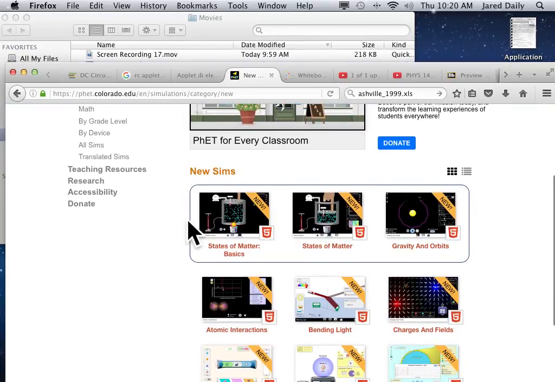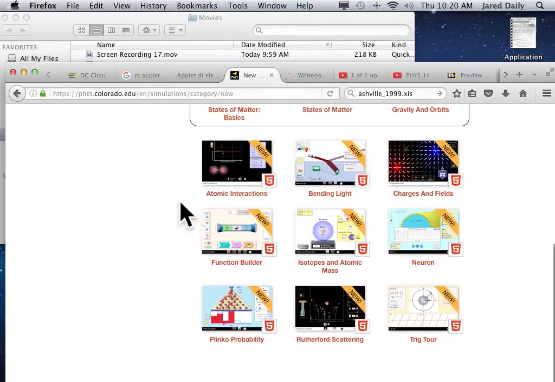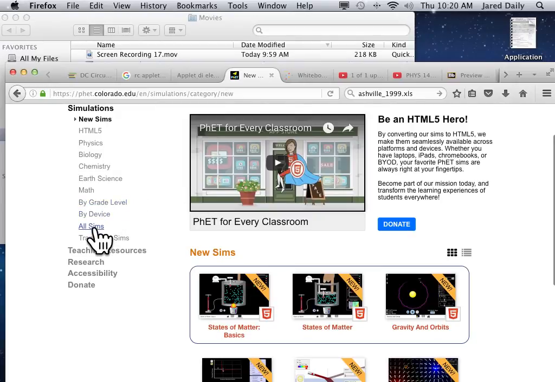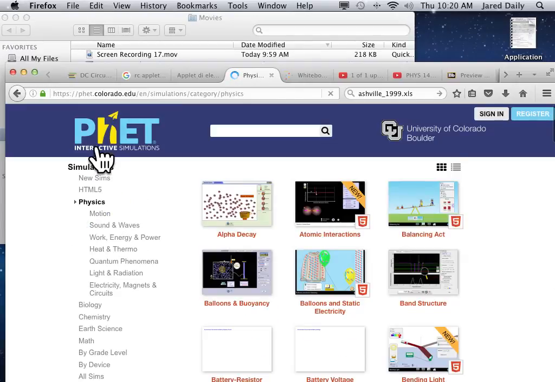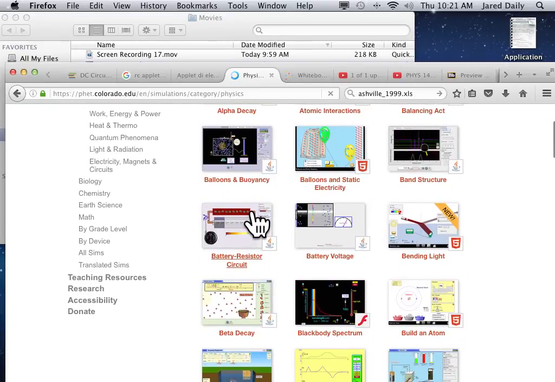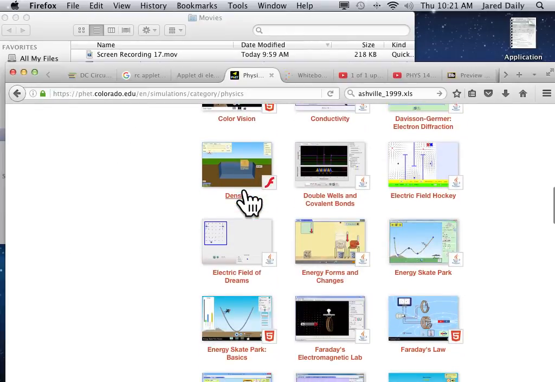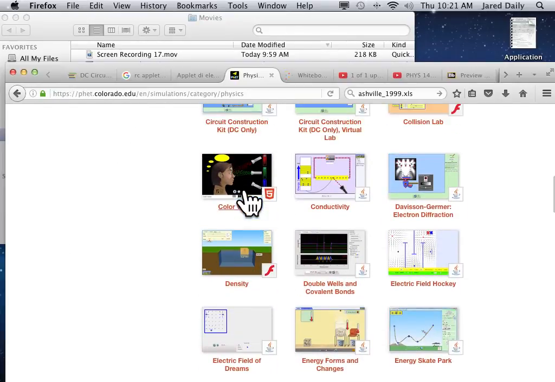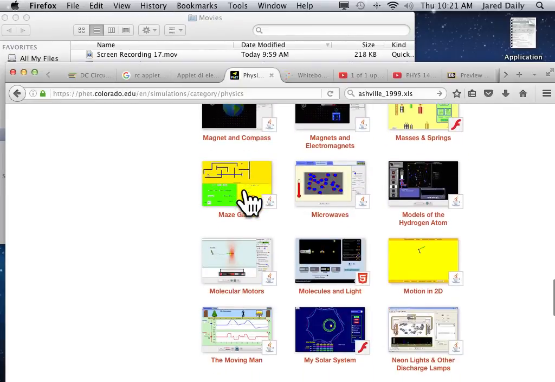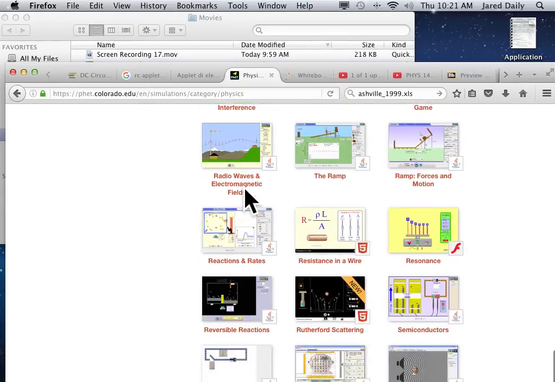So this is a site made by the University of Colorado several years ago, and they made this great app where you could make your own circuits. Let's see if we can find it. It's conductivity. Where is it?